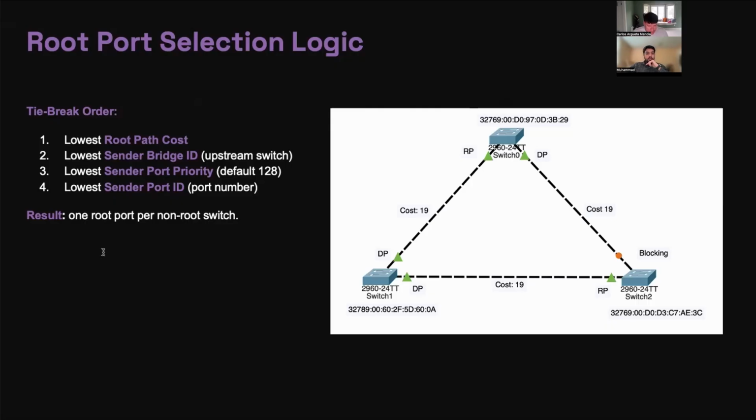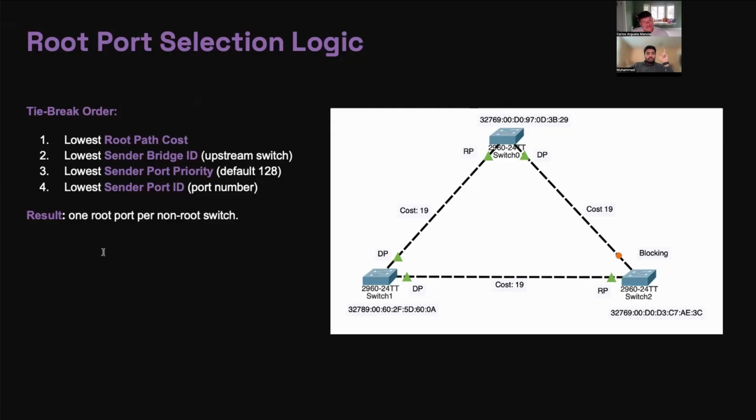Next, it will use the lowest sender bridge ID, which is going to be the upstream switch. Then you have the switch port priority, which you can set. Default is 128. And then the lowest switch port ID, which is the port number, is also in that tiebreaker process. But the main one is always going to be the lowest path cost.